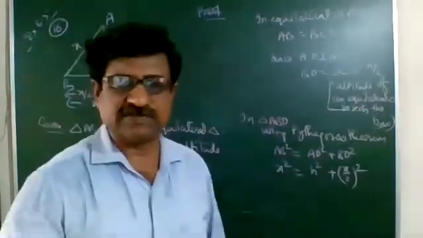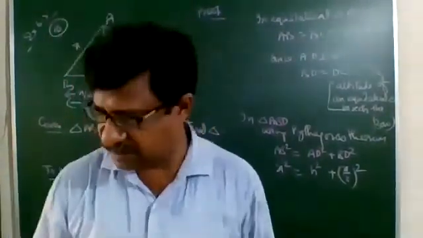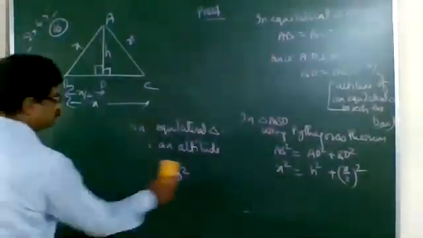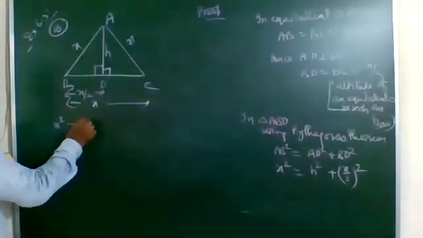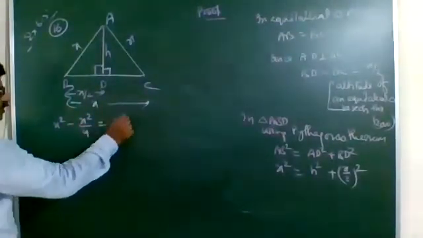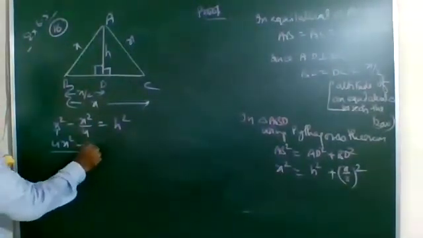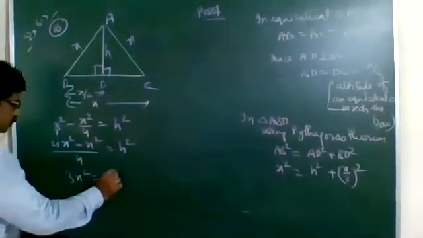After putting all these values, rearrange and bring the like terms on the same side. x square minus x square upon 4 equals h square. LCM is 4. 4x square minus x square equals 4h square, so 3x square equals 4h square.